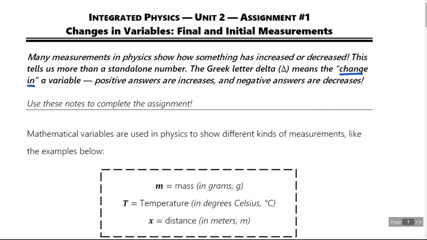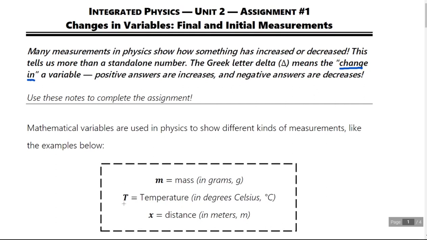So we tend to use things like M for mass, big old T for temperature. We tend to use X's and Y's for distances that kind of go along with the axes that we're used to in graphs. So usually in a graph, something like this, there and there, we tend to have kind of an X-axis and we have a Y-axis.